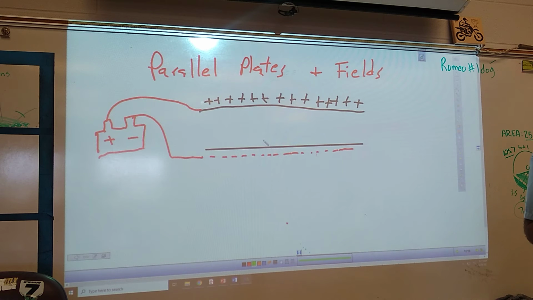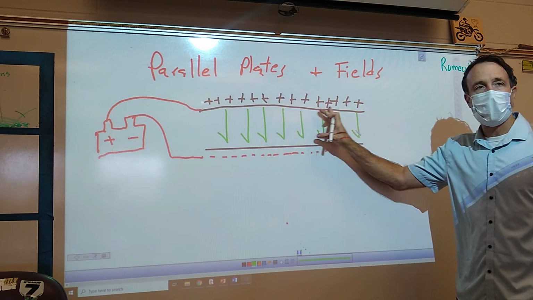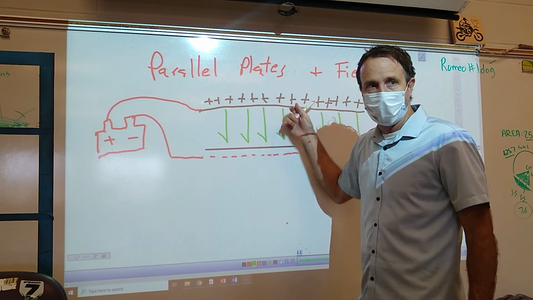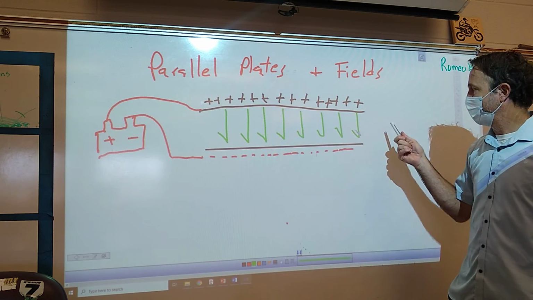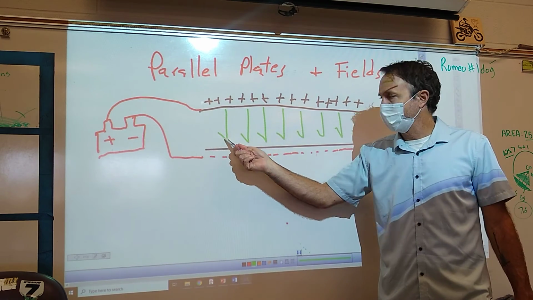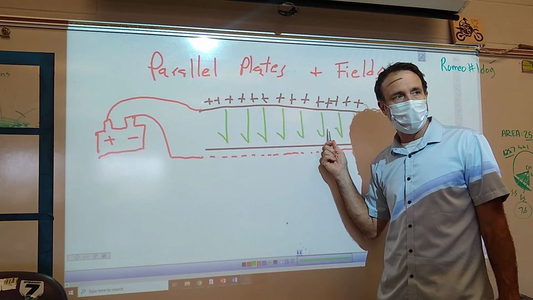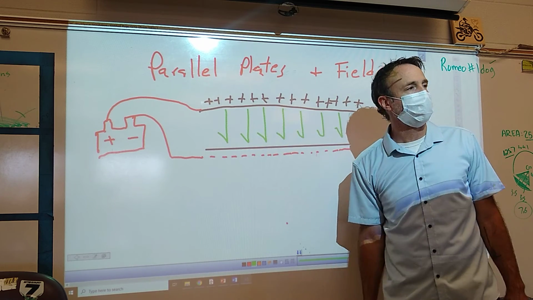Towards the negative or towards the positive? Towards the negative. So if you're drawing an electric field between two parallel plates, you draw perfectly straight, evenly spaced lines because that's the direction of the electric field. Okay? So now we're inside a battery, in the plates of a battery. And as long as you're not near the edge, you have a perfect, evenly distributed electric field.